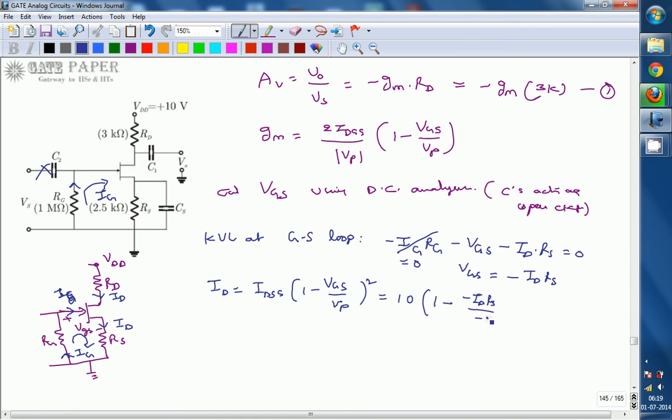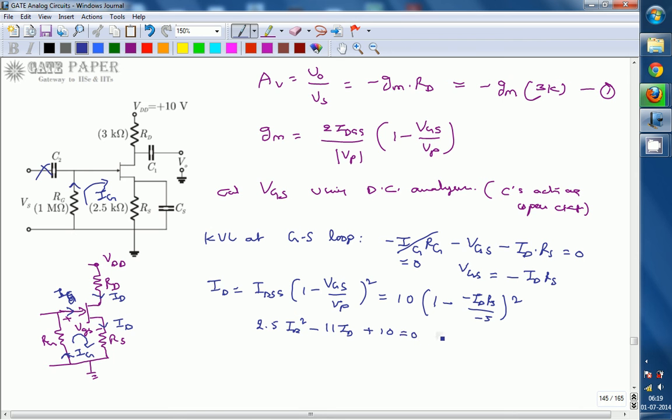This minus minus gets cancelled, whole square. Now this equation consists of only Id terms, and if you simplify it, in terms of Id you will get 2.5 times Id square minus 11 Id plus 10.